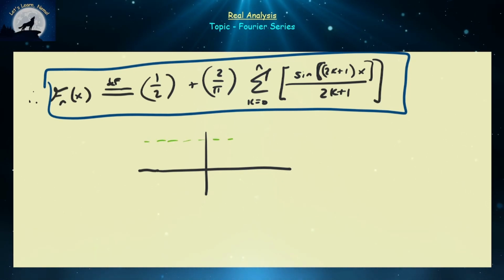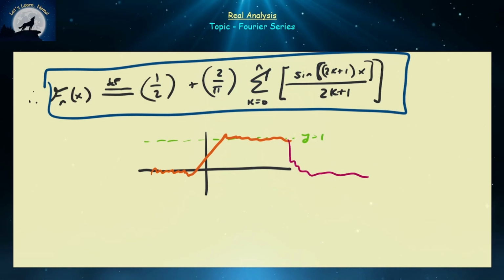Here's our y equal to 1. And what you'll see is it does try to approximate this curve. It has a little bit of wiggles, and then it jumps up, and then it wiggles over here. And then obviously it's going to go back down and try to wiggle here, and then it's going to go back up and try to wiggle here. And that's going to be on minus pi to pi.